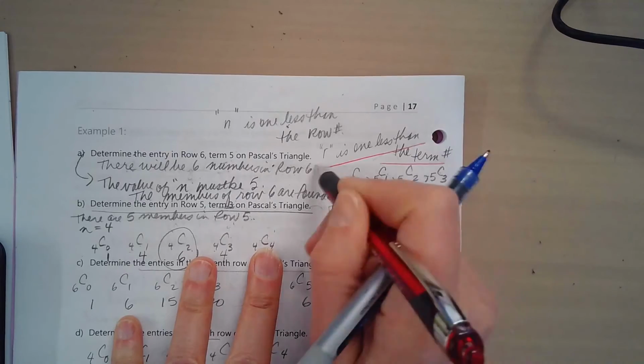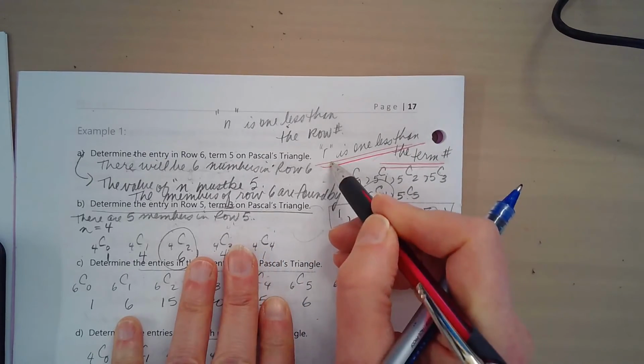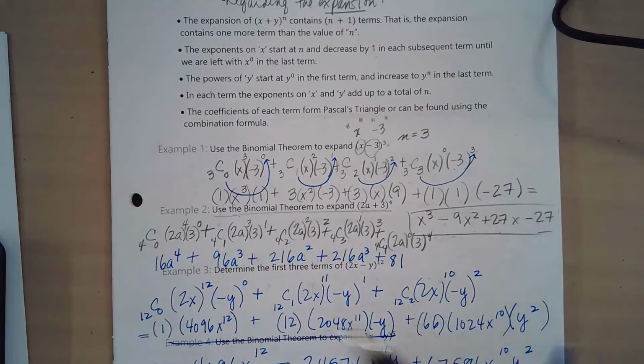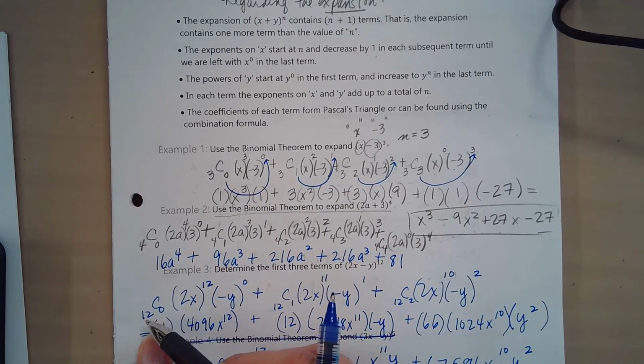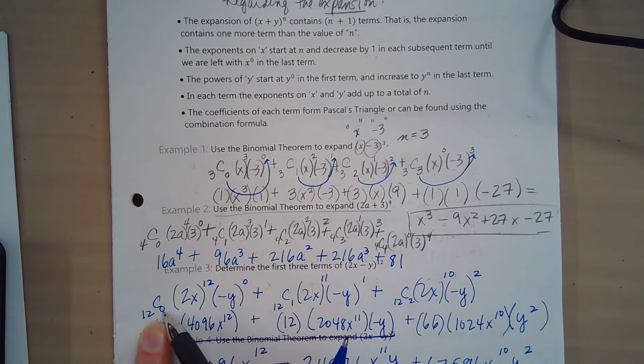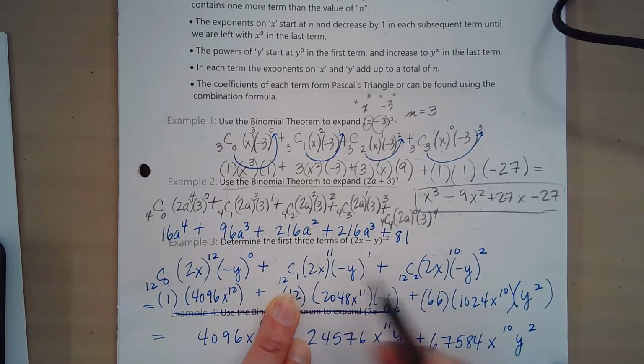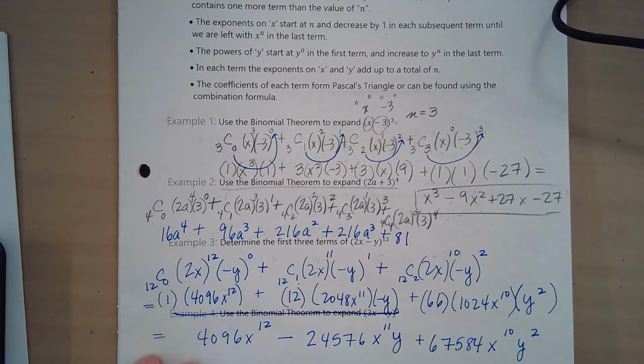Okay, so always remember that. That R value is always 1 less than the term number. So initially when I'm starting out, for example, 12C0, that's my R value. R is 0 represents the first term. R is 1 represents the second term, etc., right?